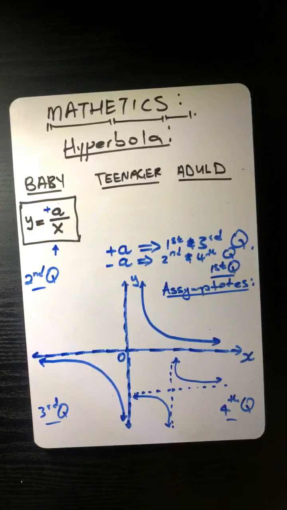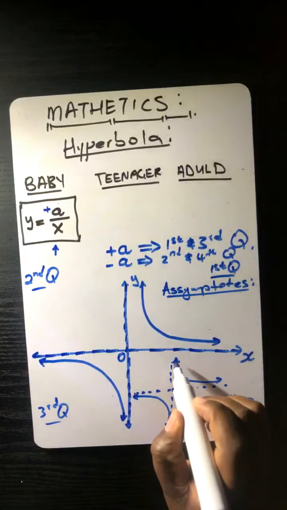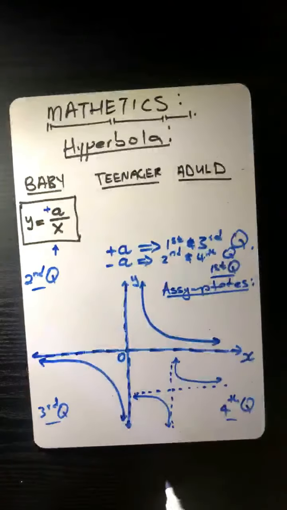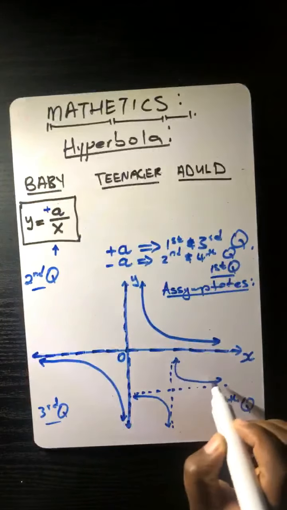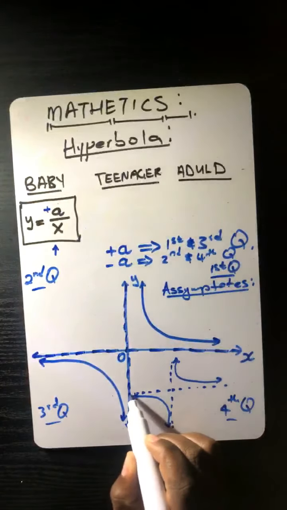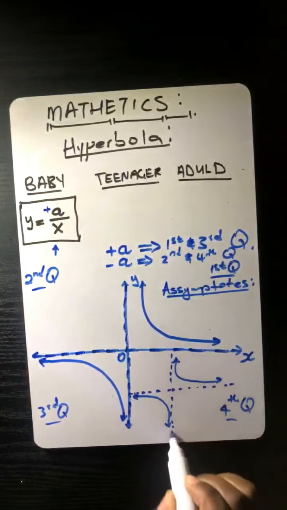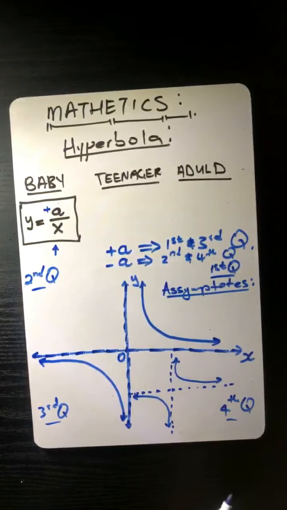Never. Grace, never ever draw a hyperbola where it is touching or crossing the asymptotes. If you do that, I'm telling you, you're going to get 0 for whatever you sketch.